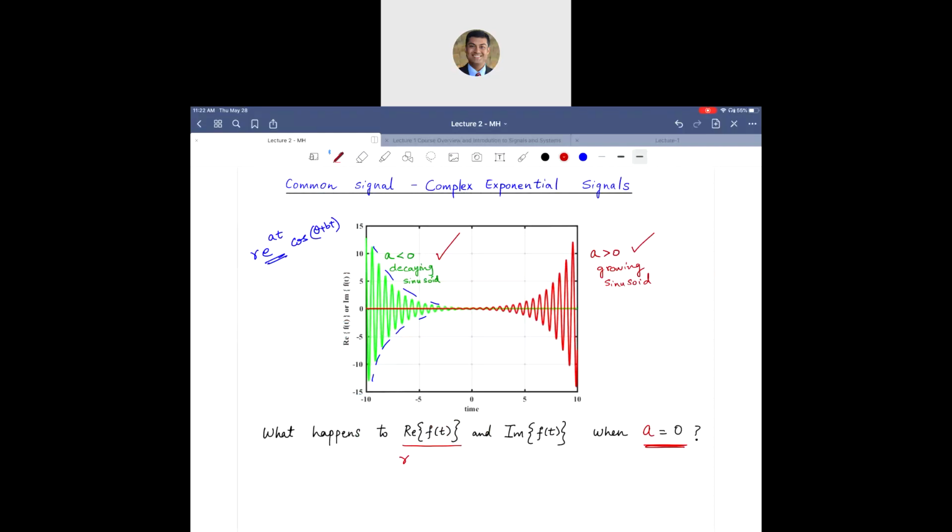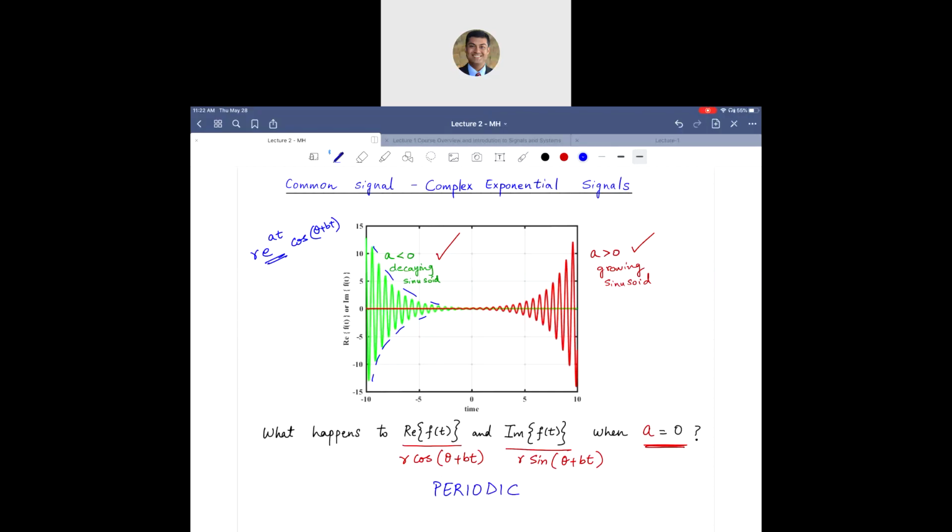When a is 0, what is going to happen? Well, you're absolutely right. You're going to have an undamped sinusoid. So real part of f of t is going to become r cosine of (theta plus bt). Imaginary part of f of t is going to become r sine of (theta plus bt). They are both sinusoids. They are undamped because the amplitude is not changing with respect to time. In other words, it is periodic.